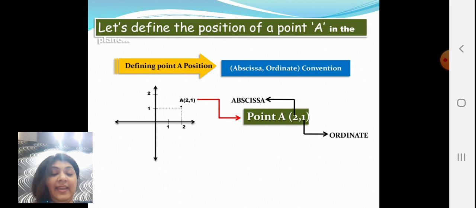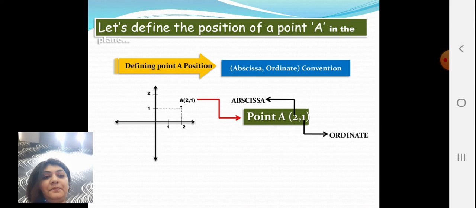So point A is plotted as (2, 1), with abscissa 2 and ordinate 1. Note (1, 2) is not equal to (2, 1), because in the case of (1, 2), 1 will be abscissa and 2 will be ordinate.